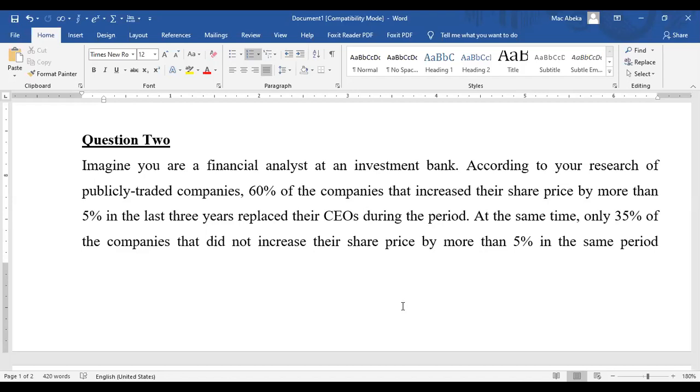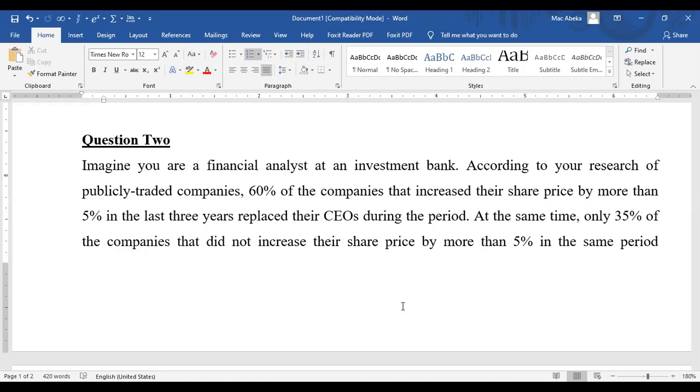Now here, it simply means that the probability of increasing the share price is the first thing that must happen. Because the question says that the company that has increased its share price by more than 5% replaces their CEO. So the first or prior event is that the company has increased their share price, and the replacement of the CEO is the second event.